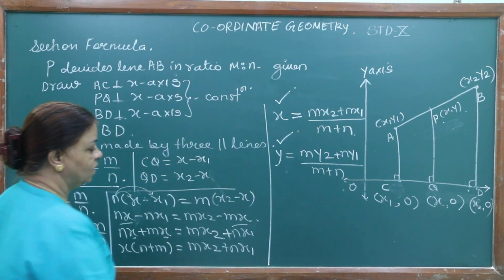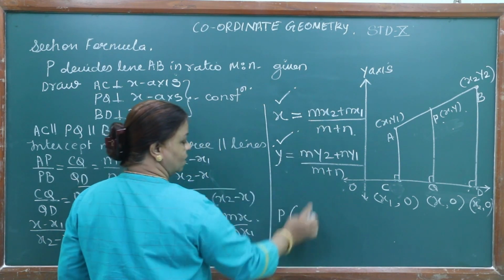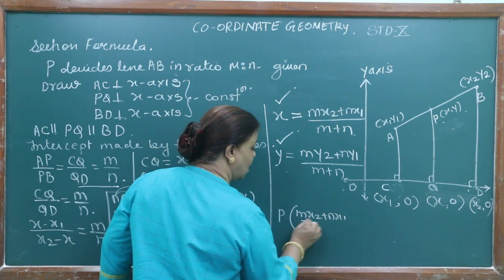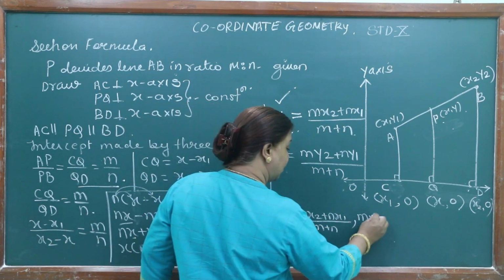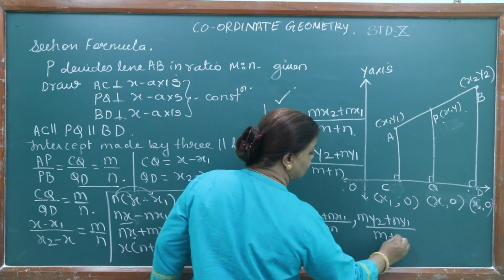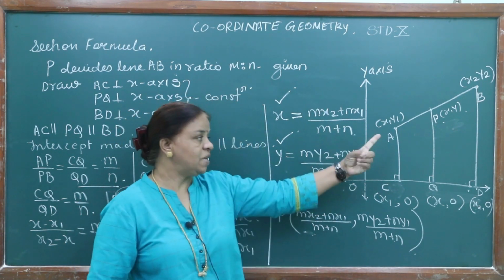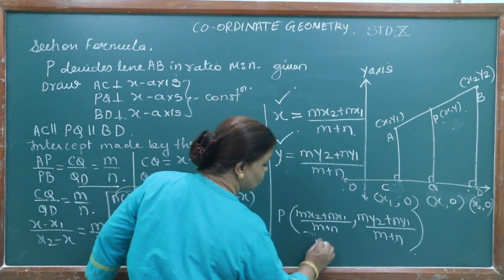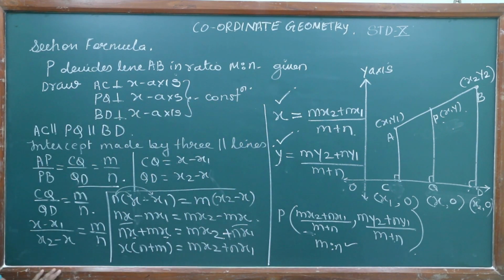And this formula, so point P, we can say x coordinate is here, so I'll write the value over here. mx2 plus nx1 upon m plus n, comma, my2 plus ny1 upon m plus n. And this gives the coordinate of the point P, which is dividing the line AB in the ratio m is to n. You can pause the video, children, and you can solve the sum.